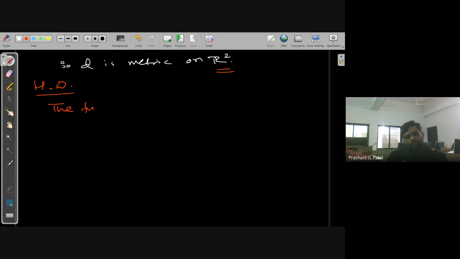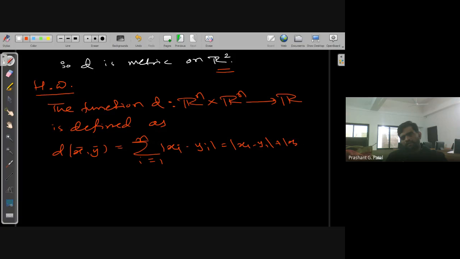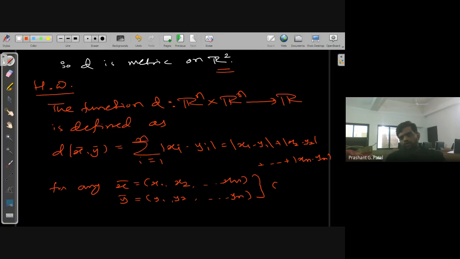So the function d from R^n cross R^n to R is defined as d of (x, y), or I can say (x bar, y bar), equal to the summation of i running from 1 to n of |xi - yi|, which is actually the same as |x1 - y1| + |x2 - y2| and so on up to |xn - yn|, for any x bar = (x1, x2, up to xn) and y bar = (y1, y2, up to yn). Both the points are in R^n.